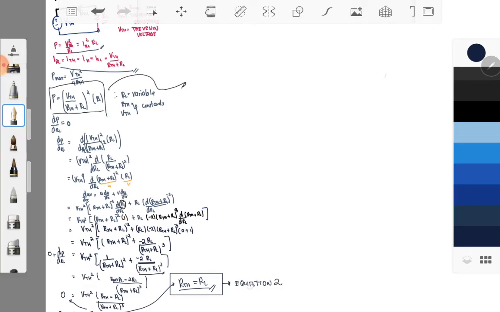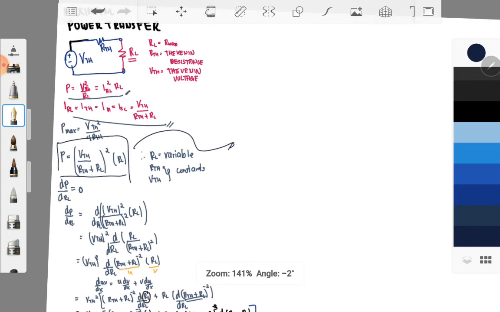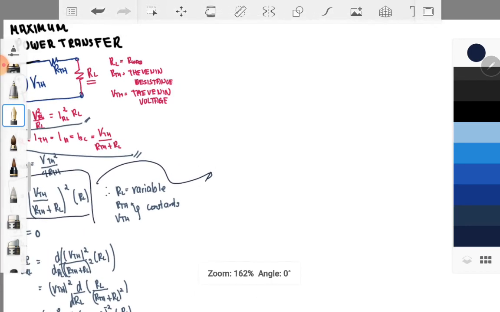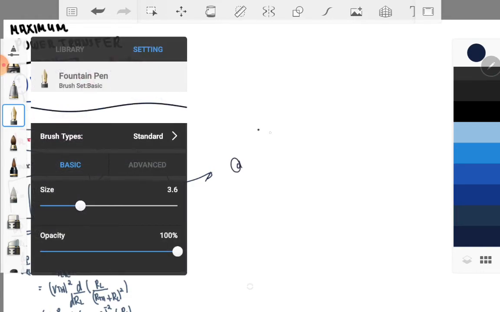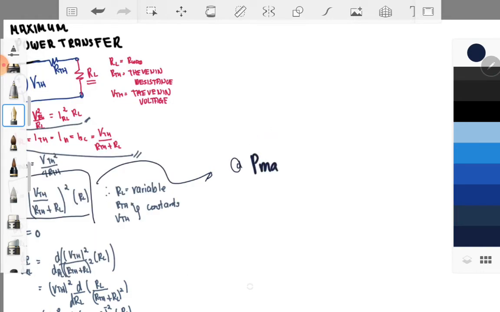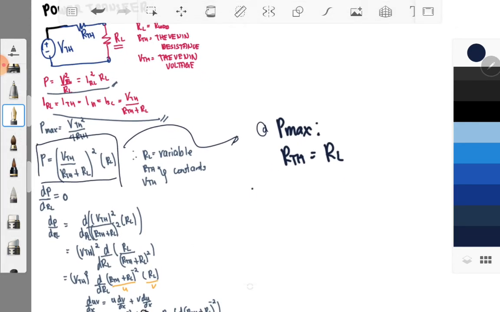So therefore, at P max, your RTH is equal to RL. So therefore, we have our P max is equal to VTH all over RTH plus RTH, since your RL is equal to your RTH, right?